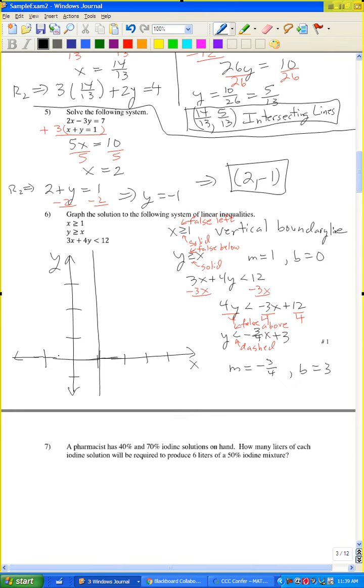Oh, that wasn't too bad. Okay, and it is false to the left. So let's get rid of all that.